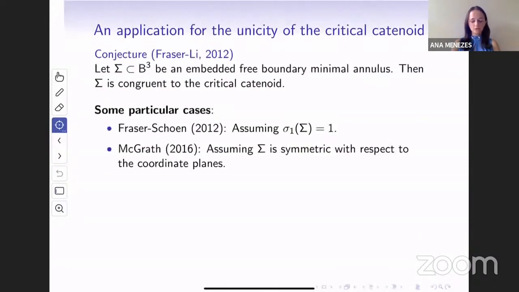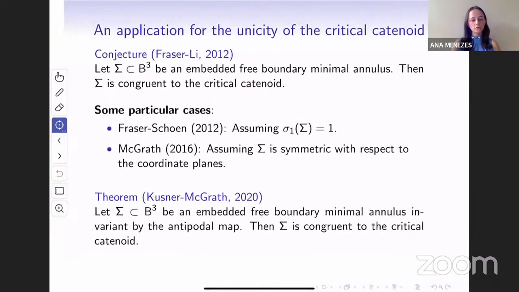McGrath showed that the conjecture holds if we assume that the annulus is symmetric with respect to the coordinate planes. And in a recent work, using our result of the two-piece property, Kusner and McGrath were able to show that the conjecture holds if we assume that the annulus is invariant by the antipodal map.